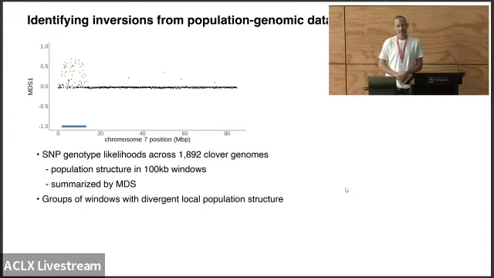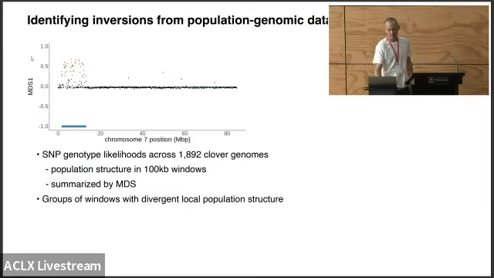Looking at this method in detail, we started with the SNP genotype likelihoods across almost 2,000 clover genomes. And then we walked along each chromosome, performing PCAs in each 100 kilobase window. So you can think of each of these points here as representing a PCA. And then these PCAs are summarized by multidimensional scaling.